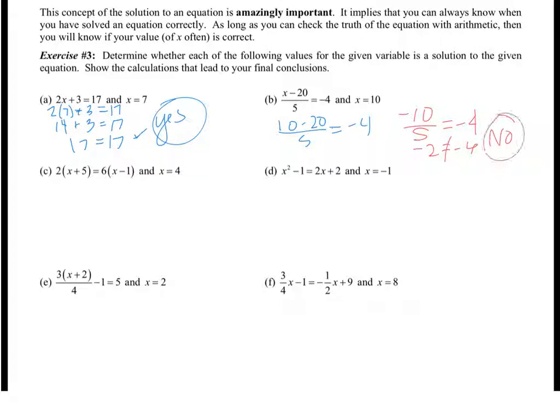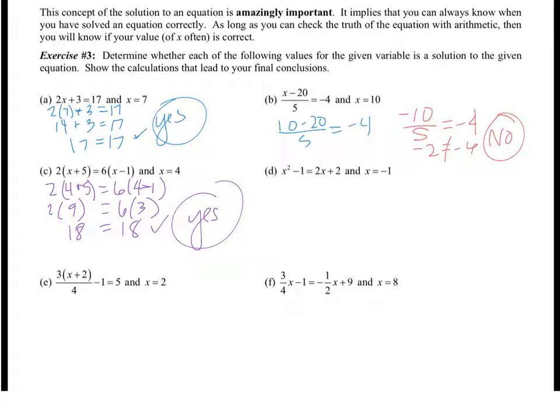So no. Letter C. 2 times 4 plus 5, does that equal 6 times 4 minus 1? Well, 4 plus 5 is 9. 4 minus 1 is 3. Does 18 equal 18? Yes.